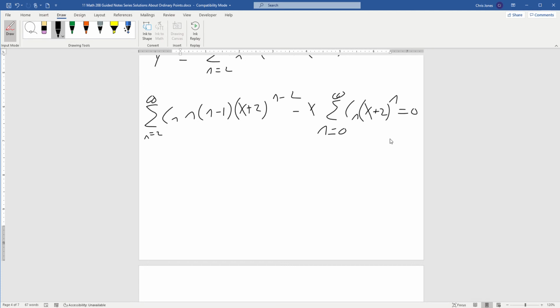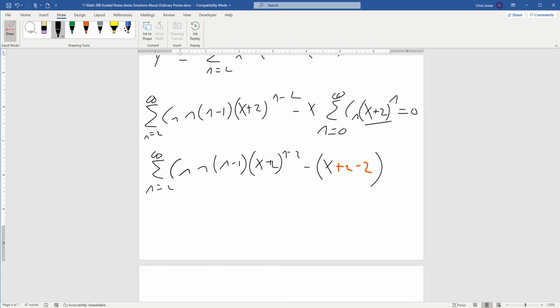So we're going to rewrite this as the series n equals 2 to infinity, c sub n, n, n minus 1, x plus 2 to the n minus 2, minus, and here's what we're going to do. We're going to have x, and then instead of just x, it's going to be x plus 2 minus 2. And we do that so that we can have an x plus 2 to distribute into the series.